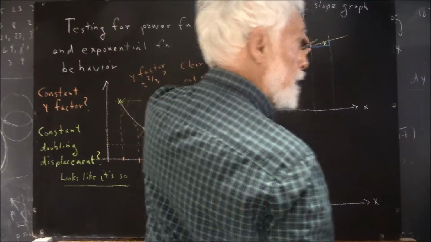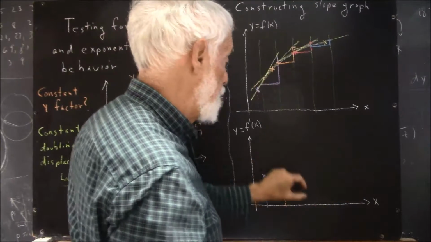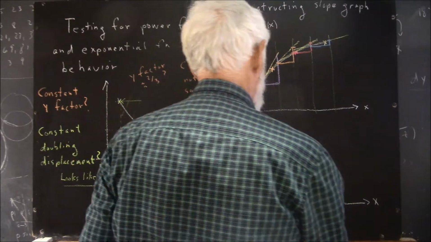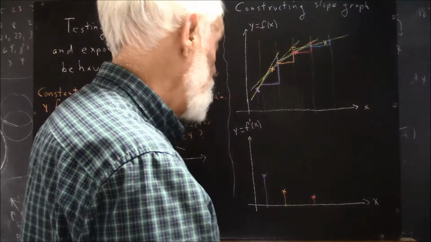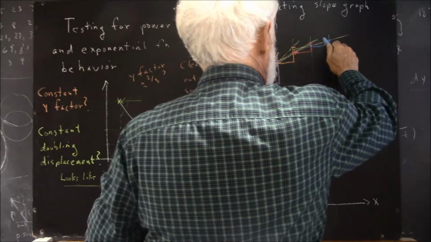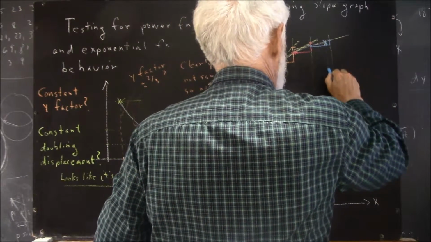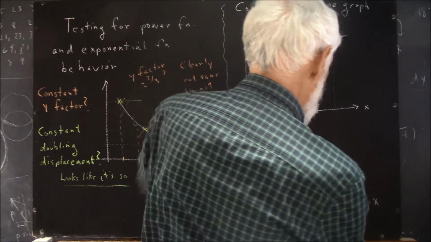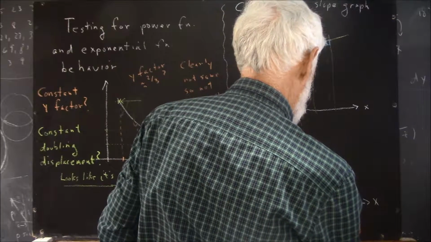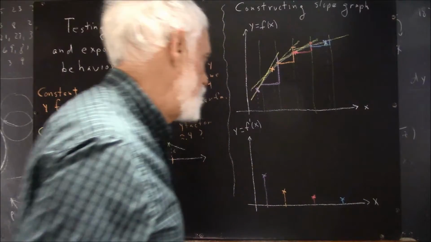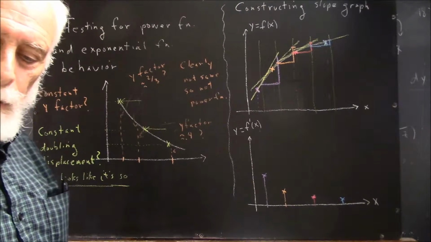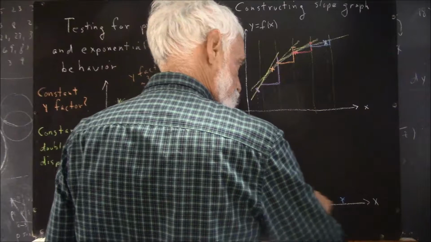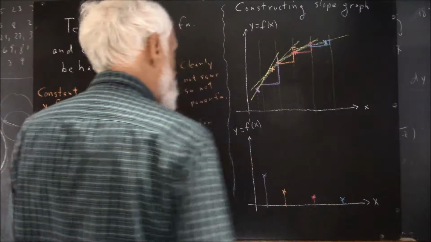So I'm going to use the length of this segment, and that'll be constructed down here, giving me still another point on the graph. And finally, for the tangent line at this point, I use the length of this segment, which is about like so, and I get this point. So my slope graph could be a line or a smooth curve through these points.